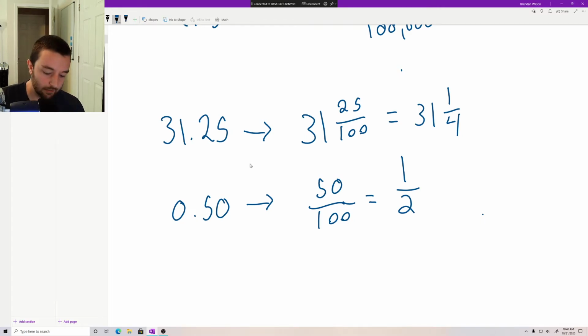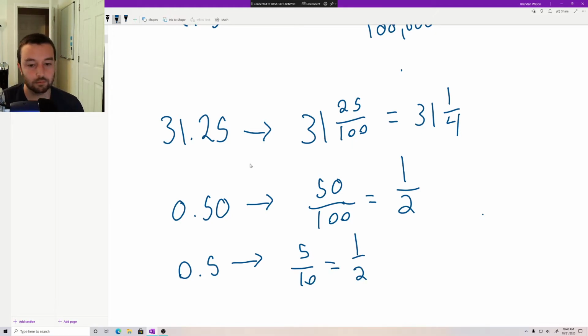Now notice, if we just do 0.5 instead of 0.50, then we would get 5 over 10, which also reduces down to 1/2. So this implies that that extra 0 to the right of the 5 right here is not important, and it's not.